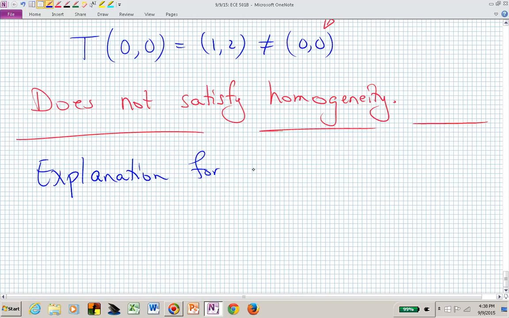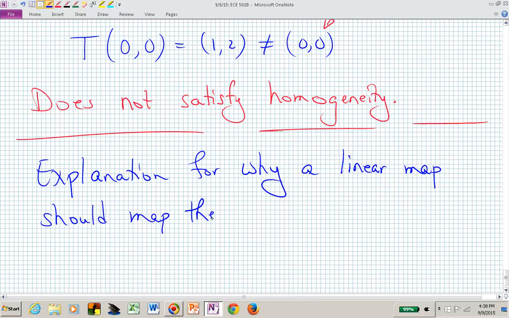Explanation for why a linear map should map the additive identity onto itself.